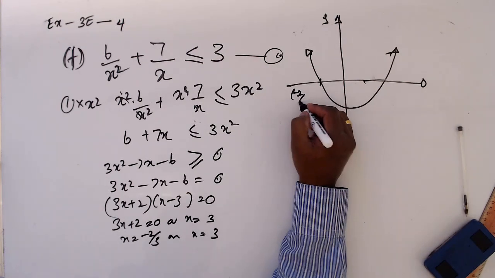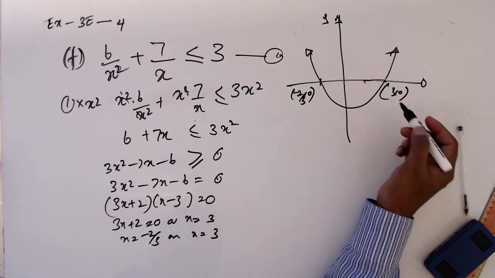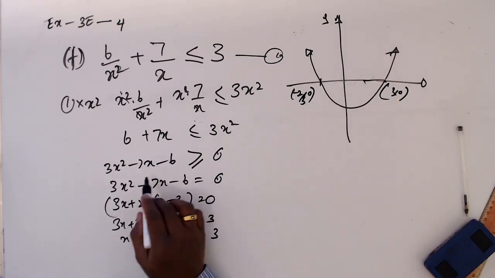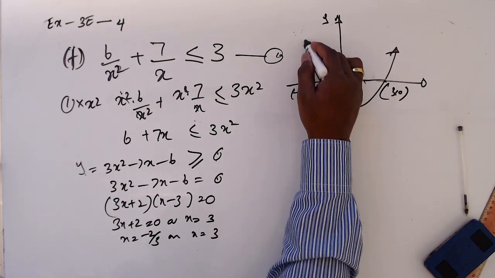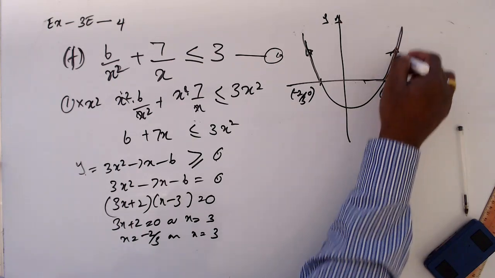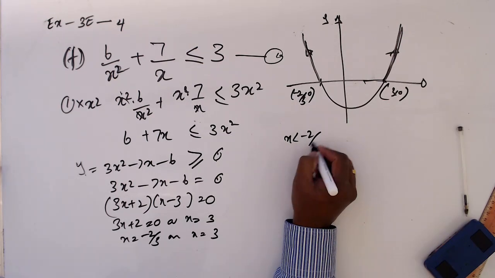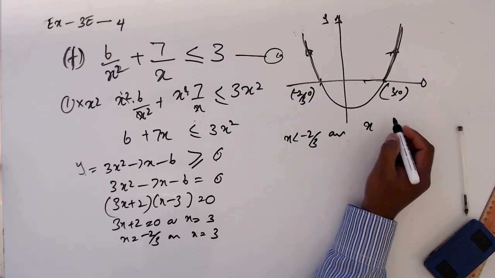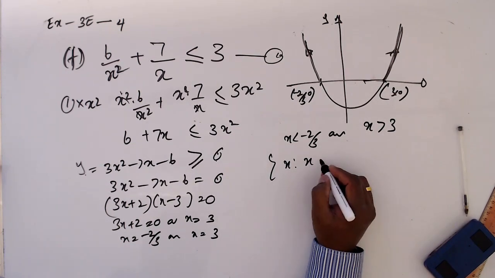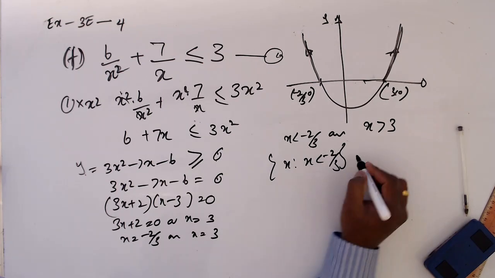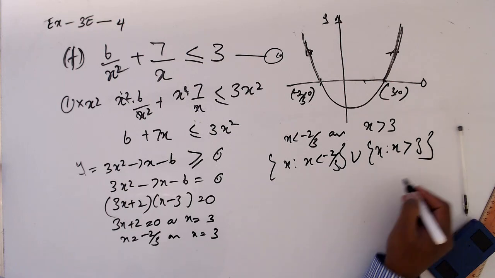Minus 2 over 3, 0, and this is 3, 0, and this is y value. Y greater than 0 area is, this is the area, this is the part of the graph. So answer is x less than minus 2 over 3, or x greater than 3. x less than minus 2 over 3 union x greater than 3.